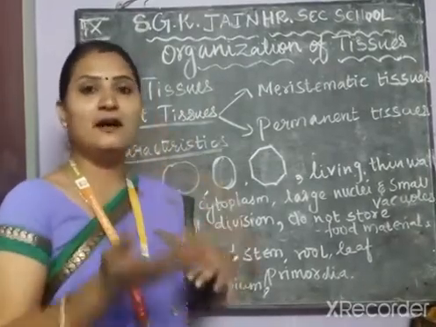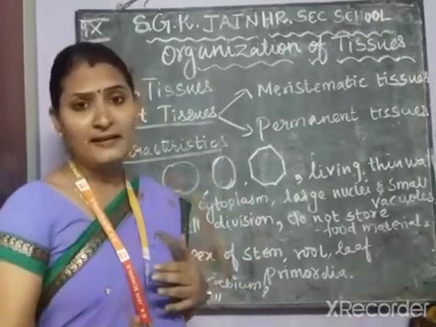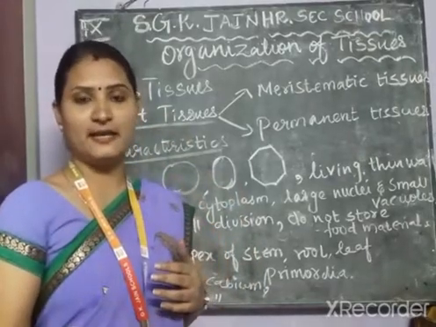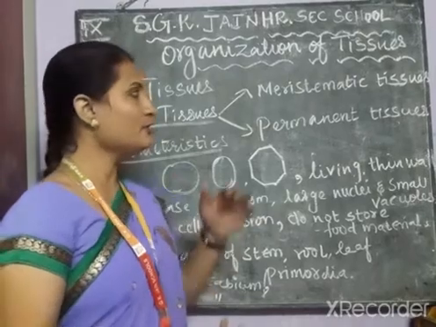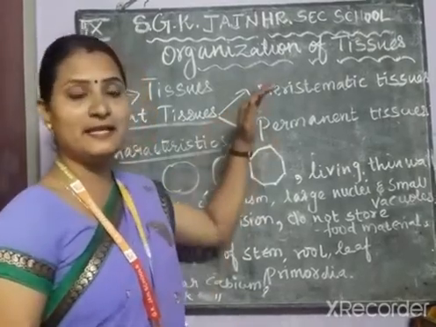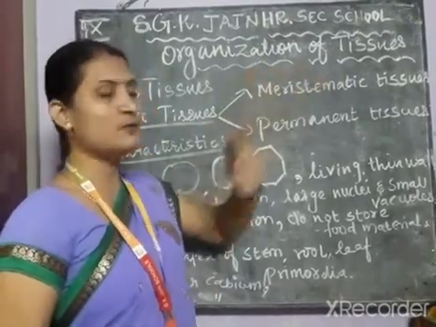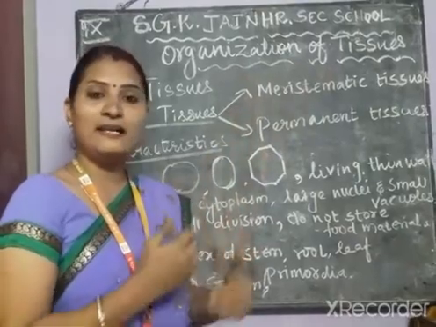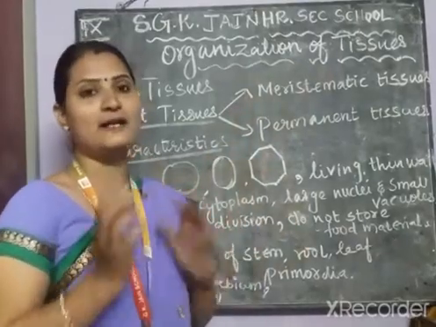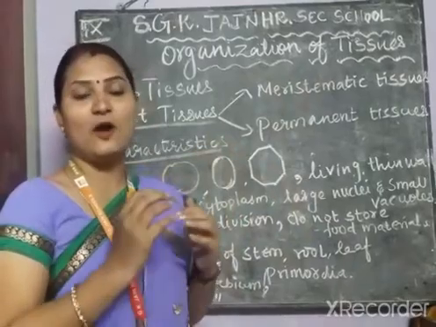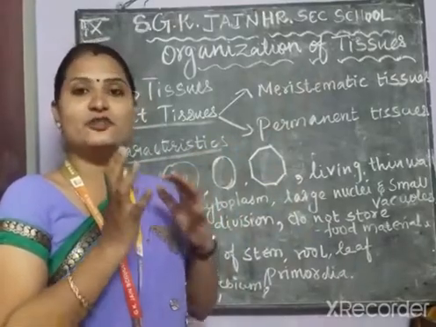They can turn into any kind of cell in the plant. Understood? That is why these cells are called immature cells, and they keep on dividing by themselves. They are also called young cells, young tissues.